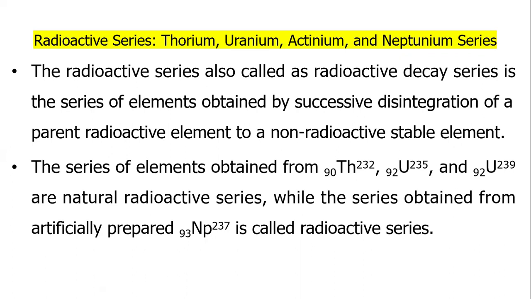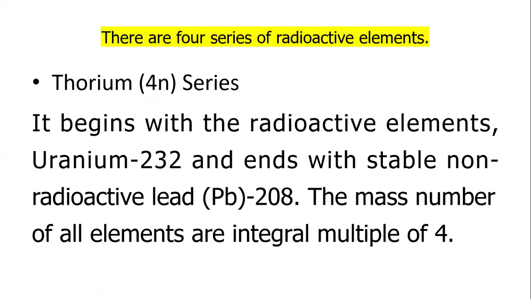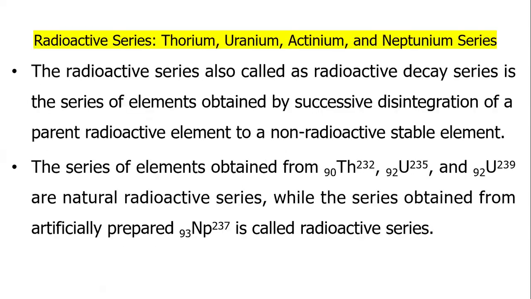The series of elements obtained from thorium 232, uranium 235, and uranium 239 are natural radioactive series, while the series obtained from artificially prepared neptunium 237 is called the artificial radioactive series.